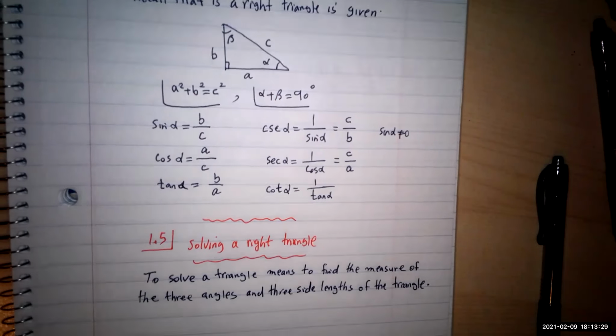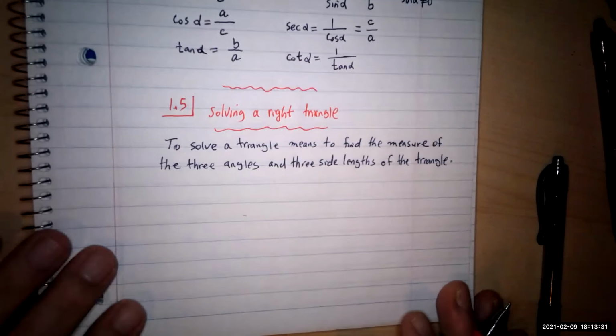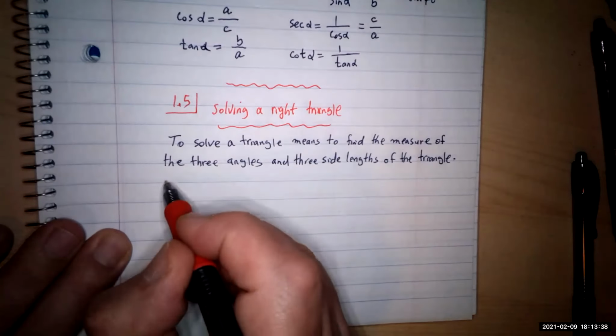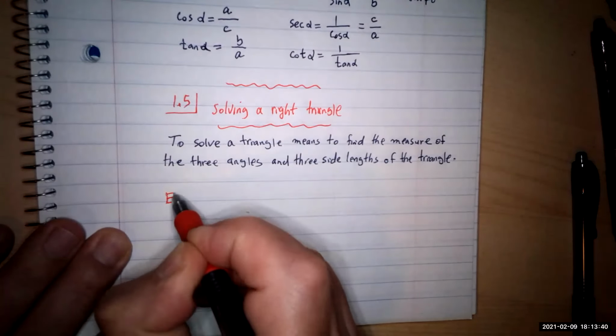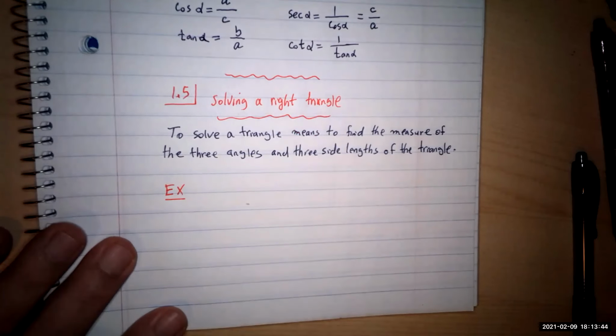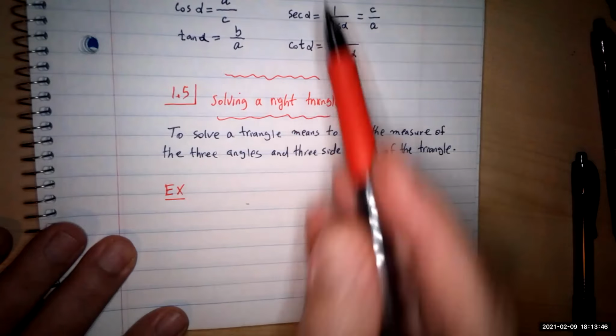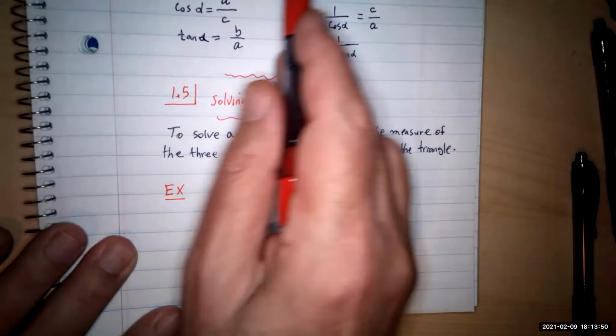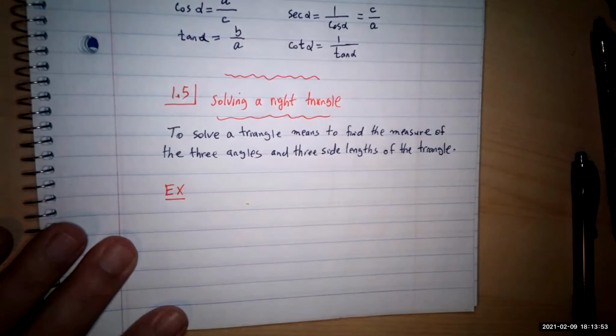Depends on the situation you're going to have, it's a kind of two cases. Basically, I give you an example and I tell you what cases you are going to have. The first case is going to be one of these angles, alpha or beta, would be given, and one of these side lengths.